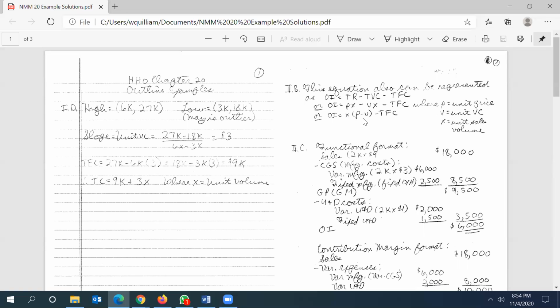So the unit contribution margin, in our case, that was $5, times X, which is unit volume, equals total contribution margin. So just like in the first column where we sold 1,000 units, if I have $5 as contribution margin per unit, I multiply by 1,000 units, sure enough, I get $5,000.